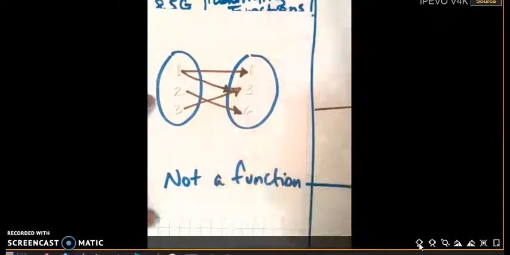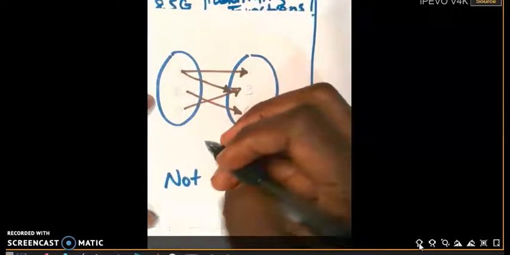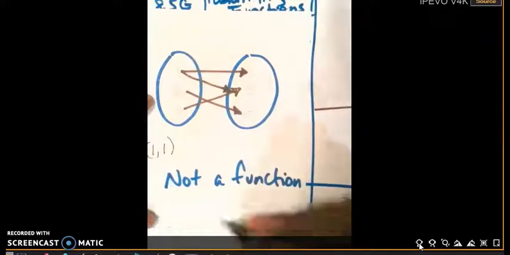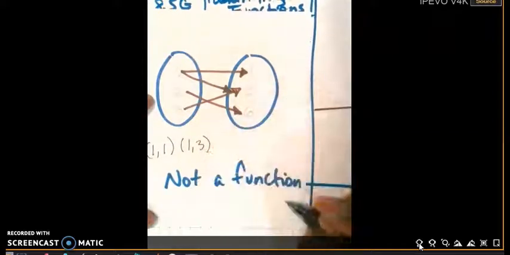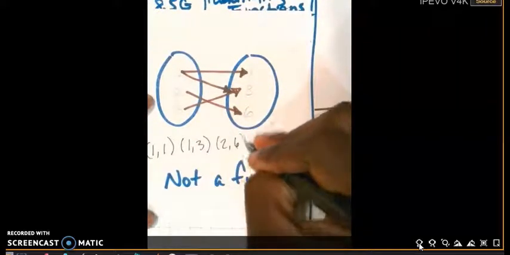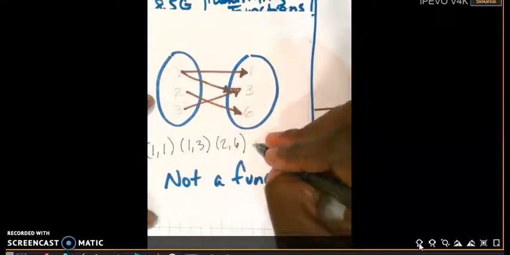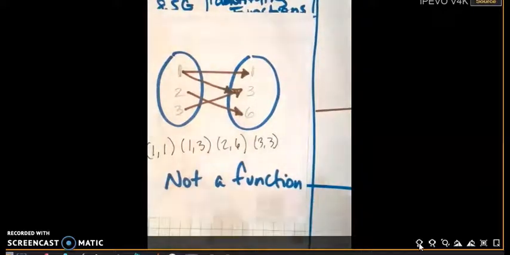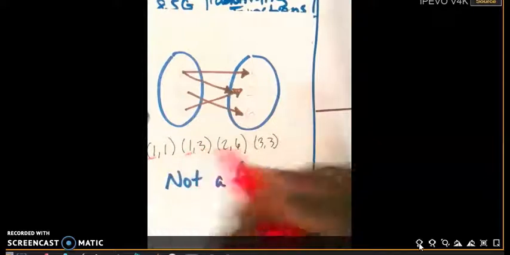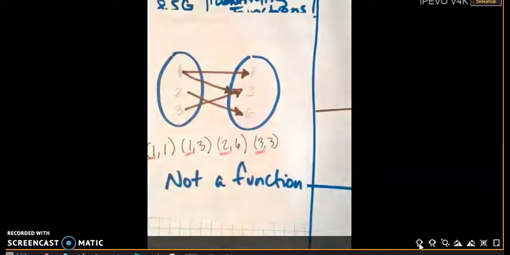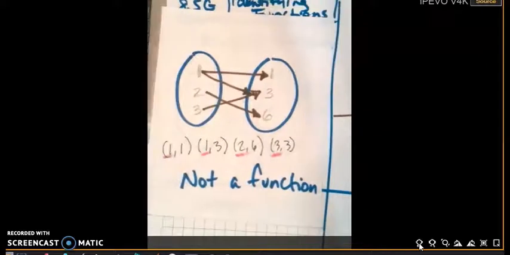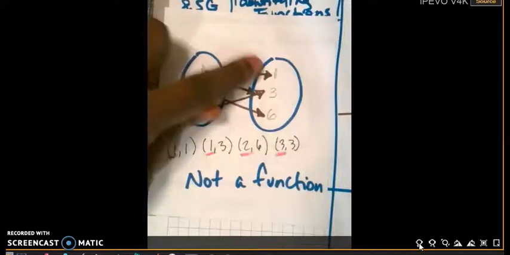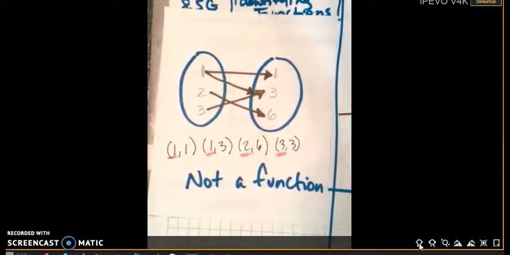I have 1, 1. I have 1, 3. I have 2, 6. And I have 3, 3. Looking at our input values, I have 1, 1 again, 2, and 3. What makes this not a function is that one input value is assigned to not one, but two different outputs. So that is not a function.